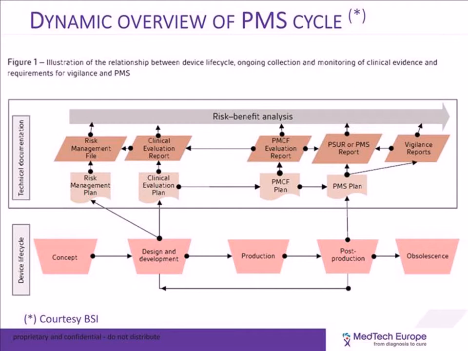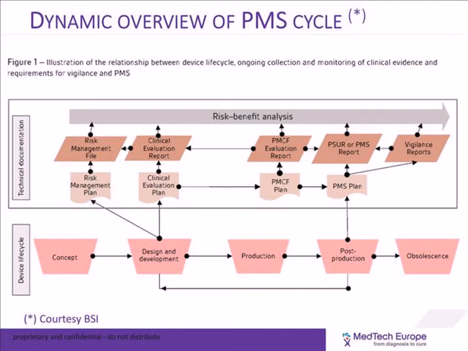If you see, for example, the design and development, which is the early stage of conception, even at this stage, you have an input of the future post-market plan with, for example, the clinical evaluation plan, and this plan should include elements to be covered, to be gathered in terms of assessing the safety of the product at an early stage.